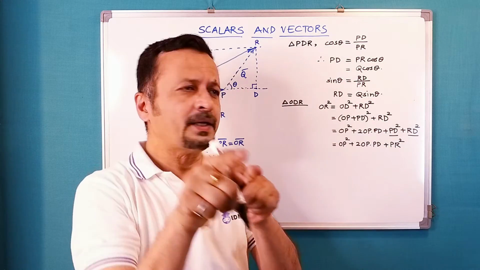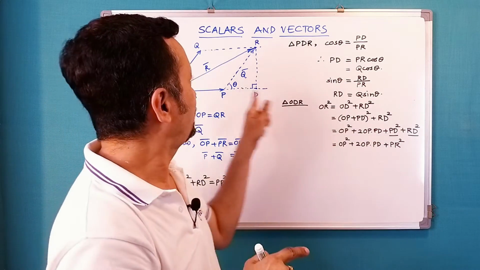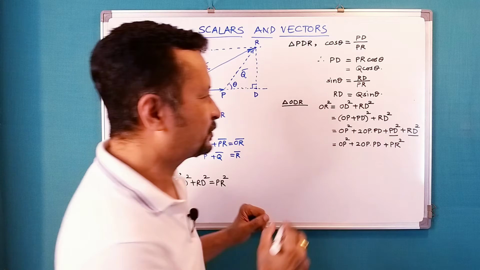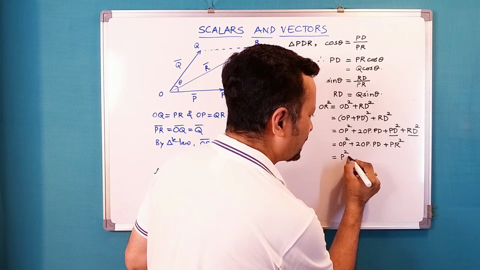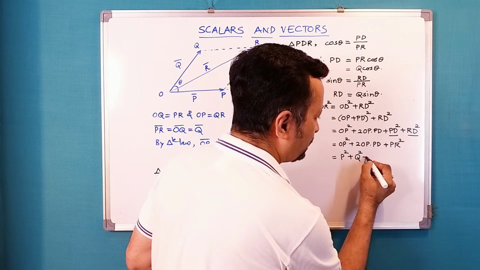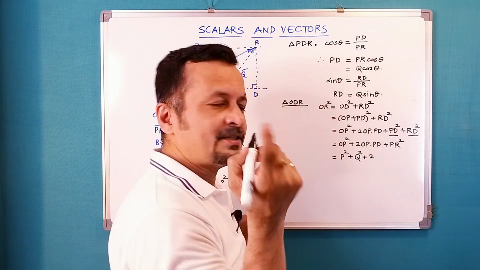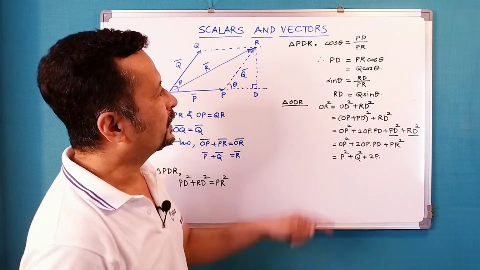Do we know OP? Yes, that is P. Do we know PR? Yes, that is Q. So I'll just put it over there. So it is P square plus Q square plus 2 OP, which is P, 2P and PD. Okay, what is PD?